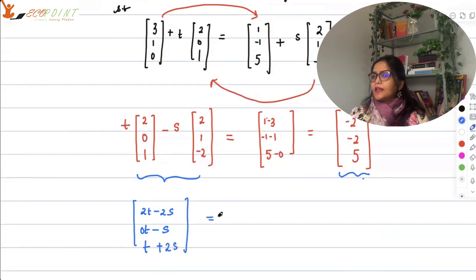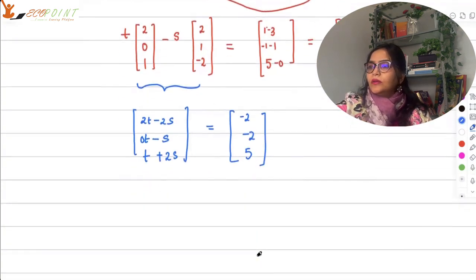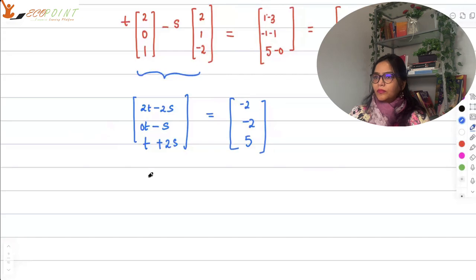That's your left hand side, and the right hand side is (-2, -2, 5), which gives us three equations: 2t minus 2s equals minus 2, minus s equals minus 2, t plus 2s equals 5.